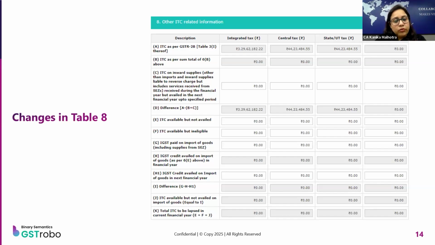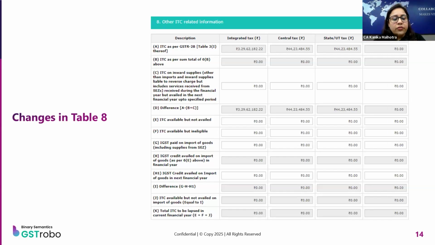Now government has changed 8B. Earlier it was ITC as per the sum of 6B and 6H, where 6H was the reclaim amount that you would reflect. Now government has removed that because this 6H reclaim amount used to create confusion and unnecessary differences in table 8D. So government is going to take the ITC for that particular financial year. 8B talks about the ITC you have taken in this financial year of 24-25, and 8C talks about the ITC you are taking in 25-26.